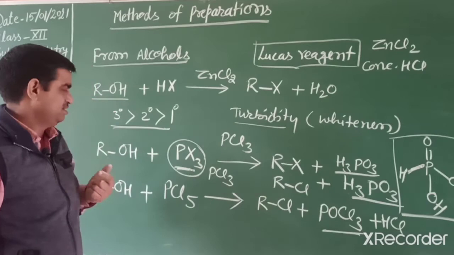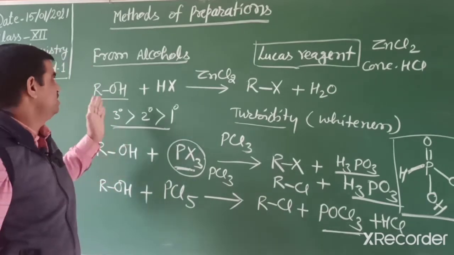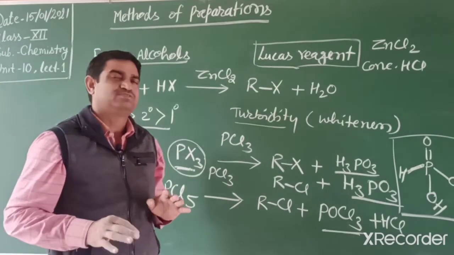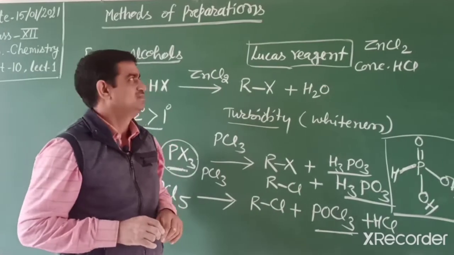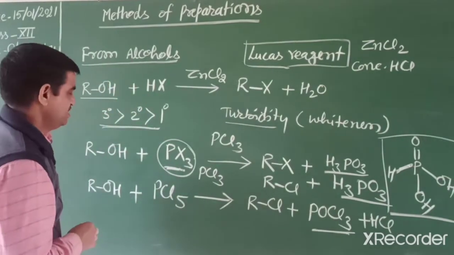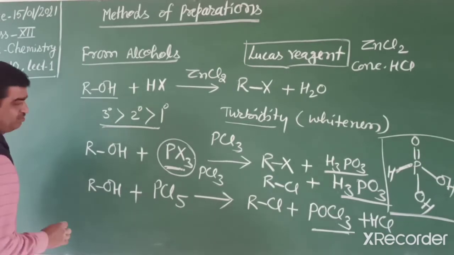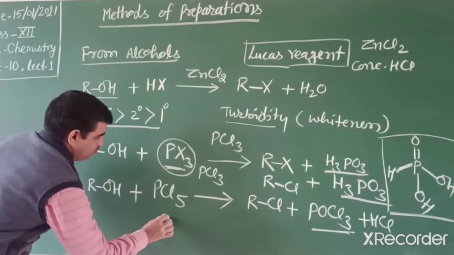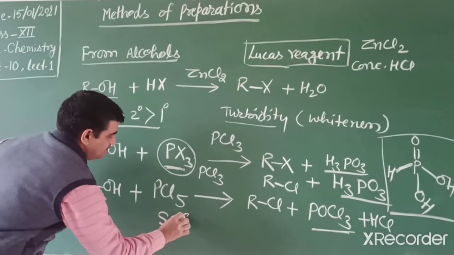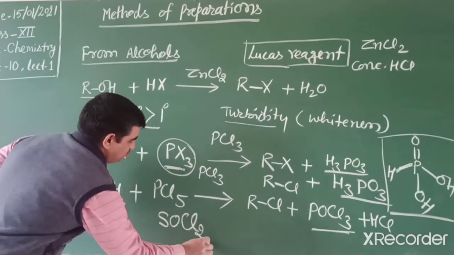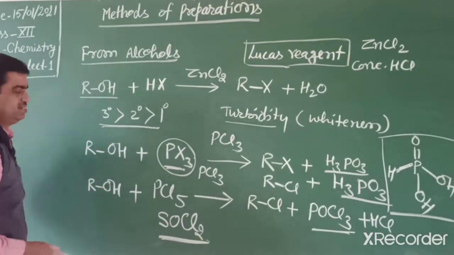And next, another main reagent to prepare alkyl halides from alcohol is thionyl chloride. What is thionyl chloride? Thionyl chloride is SOCl2.